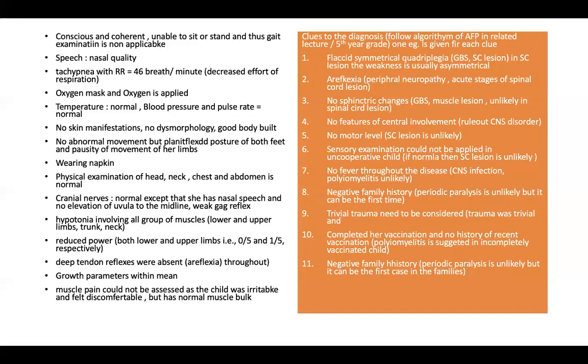And بالعكس لو كان عندها recent vaccination followed by inability to walk, هذا ممكن أن يكون highly in favor of autoimmune process like Guillain-Barré syndrome. There was no family history وهذا unlikely suggesting periodic paralysis. إذا إحنا من الهيستوري والclinical examination قدرنا أن نخلي approach بكل مرحلة, the differential diagnosis كانت highly in favor of Guillain-Barré syndrome.